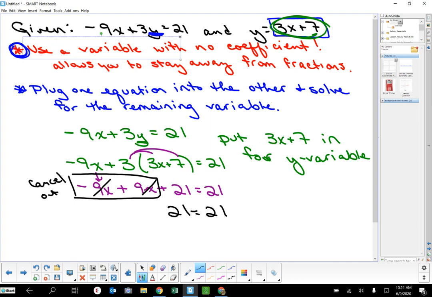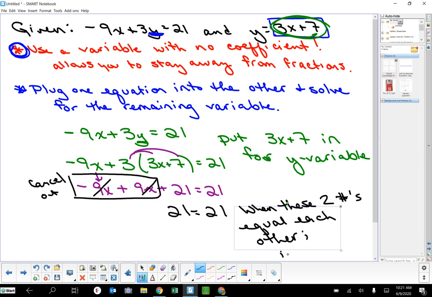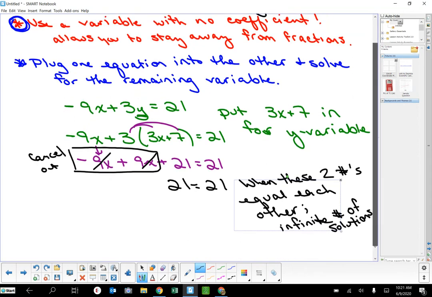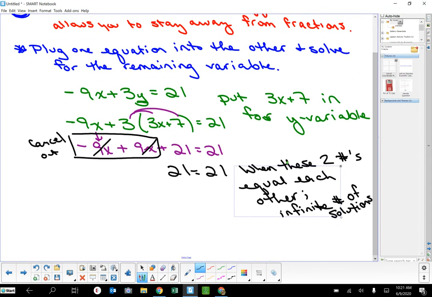And when this happens, when these two numbers equal each other, that means you have an infinite number of solutions. 21 is always going to equal 21, right? Always. So this problem has an infinite number of solutions.